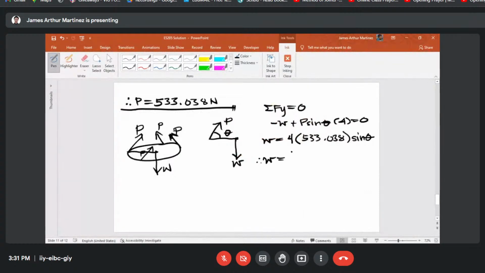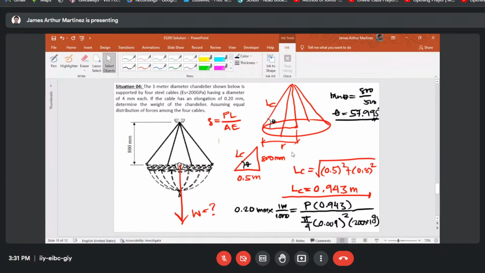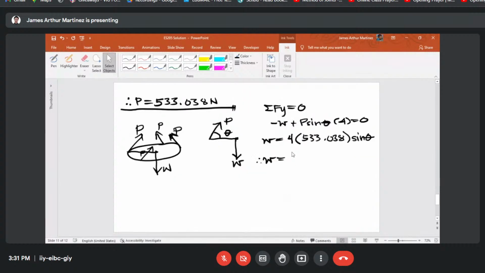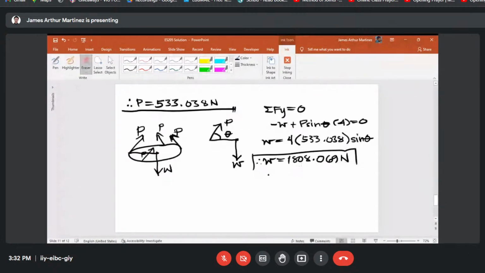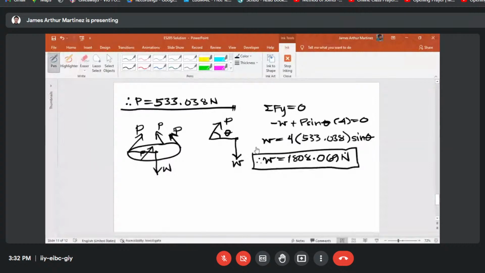So therefore, W, the allowable weight of the chandelier, is 1,808.069 newtons. So this is now our final answer for situation number 4.